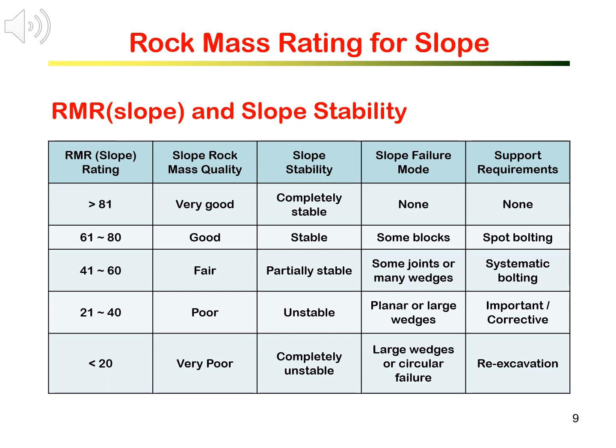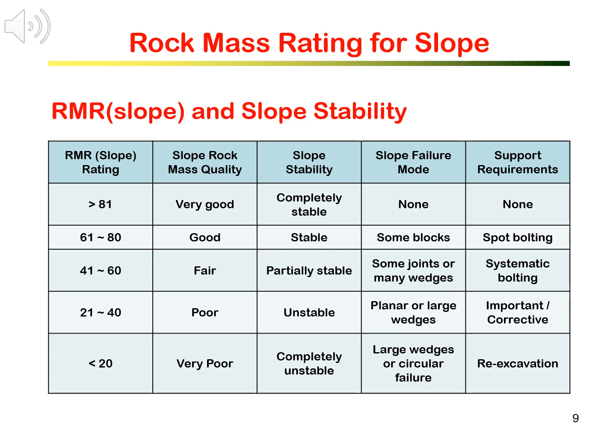If IMR slope is between 21 and 40, the rock mass of the slope is of poor quality. The slope will be unstable, and circular, planar, or large wedge failure may occur. Important support and corrective measures need to be considered for this slope.